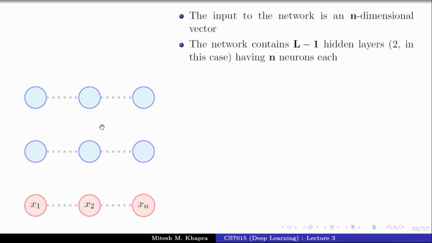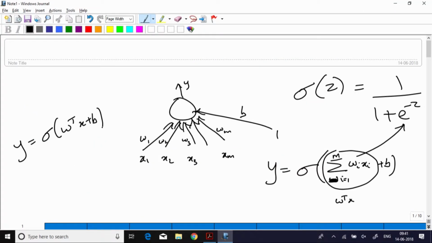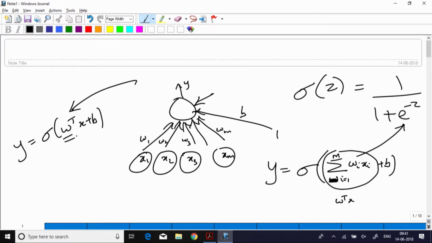Everyone gets that? That's exactly what I showed on the rough work. So consider this to be one of the blue neurons that you have, and these are all the red inputs that you have. Each of these blue guys is going to execute the following function, and the weights are going to be different for each of these blue guys. Does that make sense? Okay, fine.